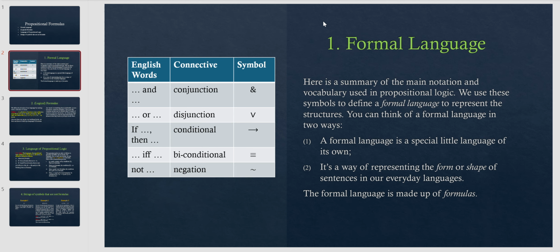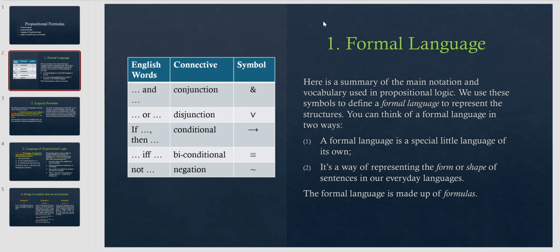And is related to conjunction, or means disjunction, if then is related to the conditional, if and only if is the biconditional, and not is related to the negation. And in the last column, you can see the symbols of each of these logical connectives.